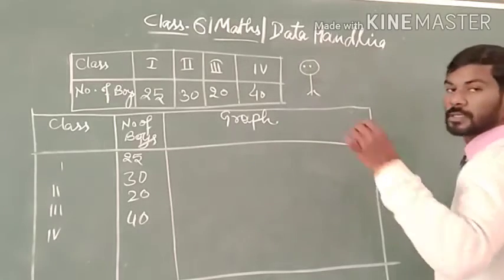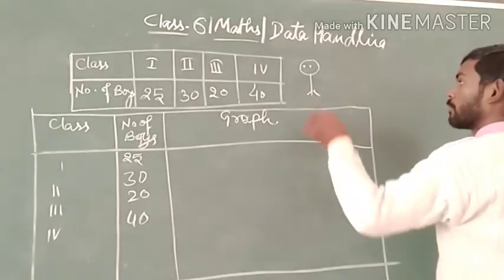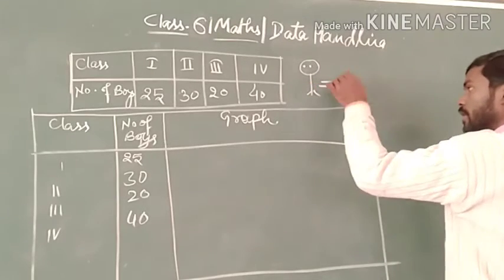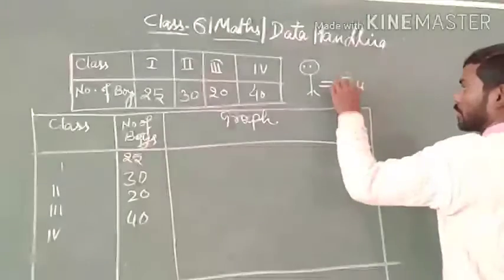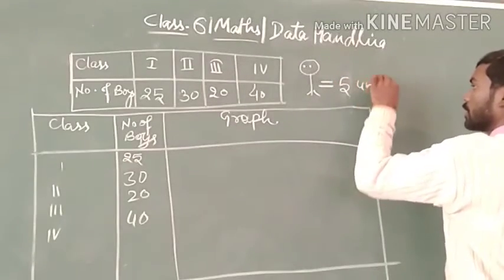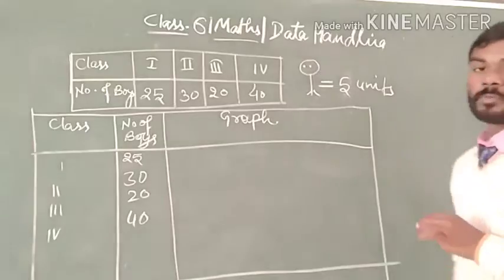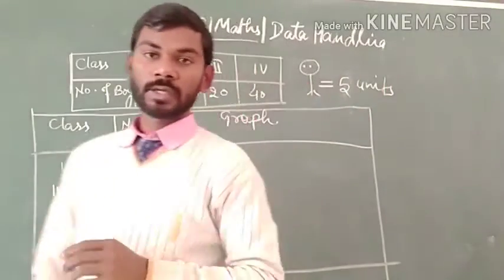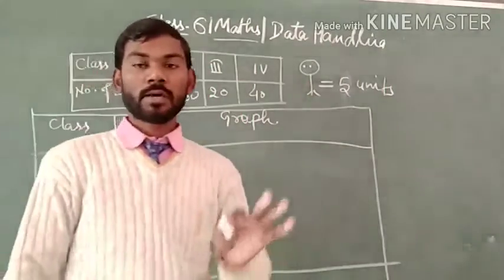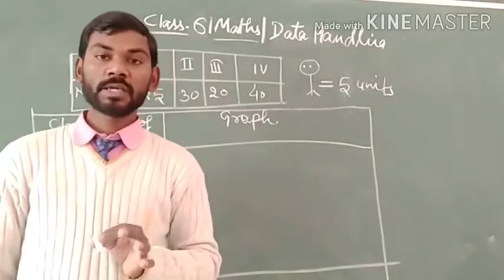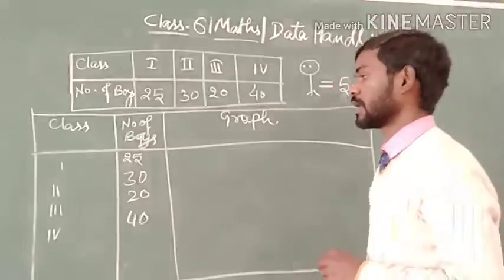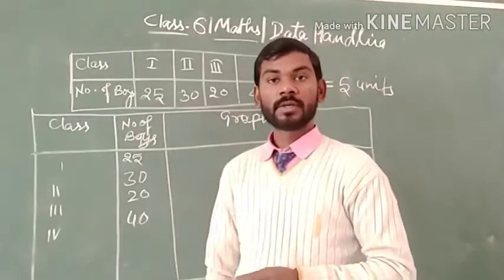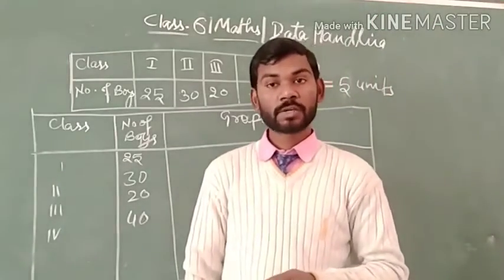This represents the number of boys, and 1 is equal to 5 units, which means one picture will represent 5 boys. In class first the number of boys is 25.